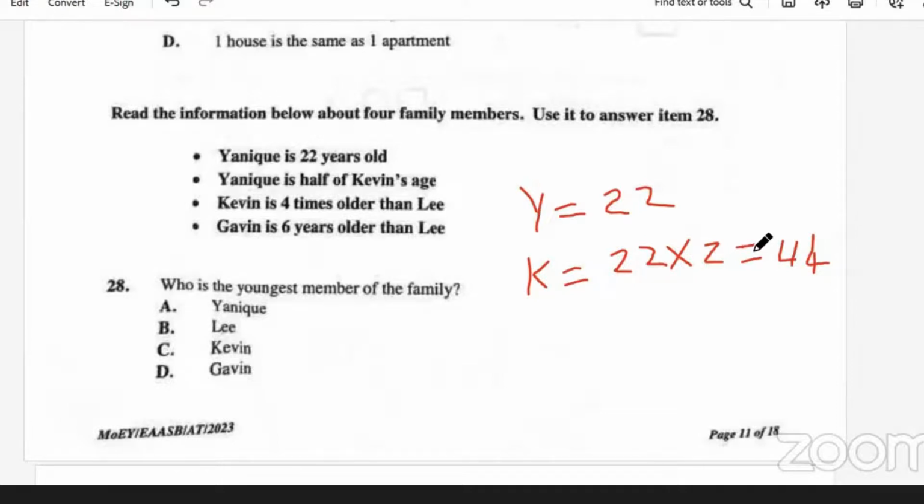Now we're trying to find Lee's age. Kevin is 4 times older than Lee, and we already have Kevin's age. So since Kevin is 4 times older, Lee would be 44 divided by 4. So Lee is 11.